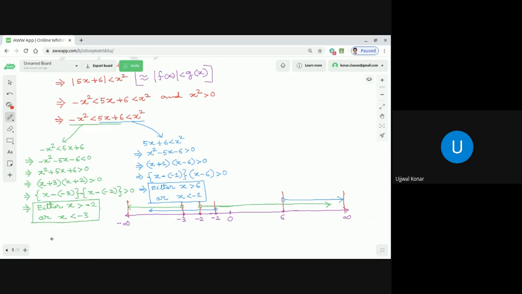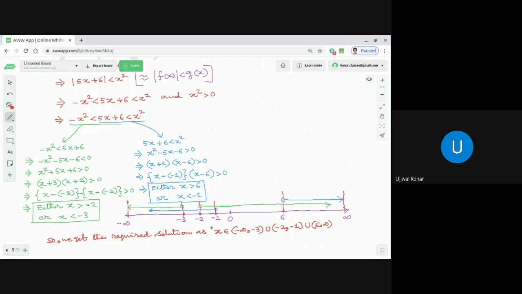So the required solution we get is x belongs to −infinity to −3, union −2 to −1, and union 6 to infinity.